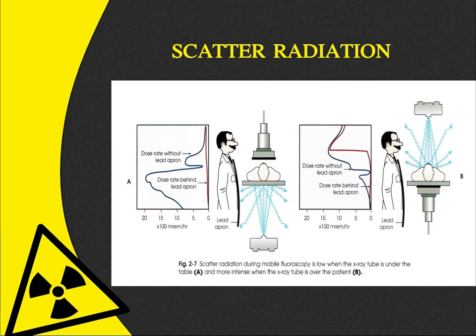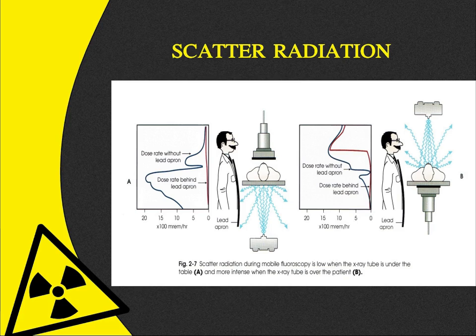You can see here how useful this radiation protection equipment is. If you see the red line, this gives us the dose rate behind the lead apron. So the lead apron absorbs like 90% of the dose, and the face and the upper part of the personnel will not get affected because the scatter radiation is very low.